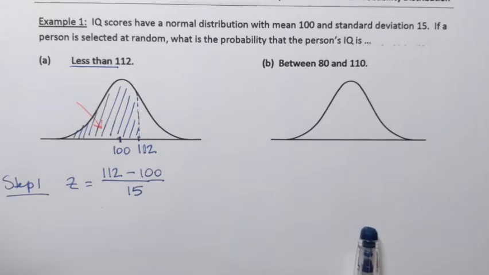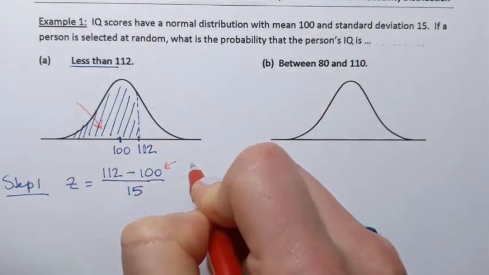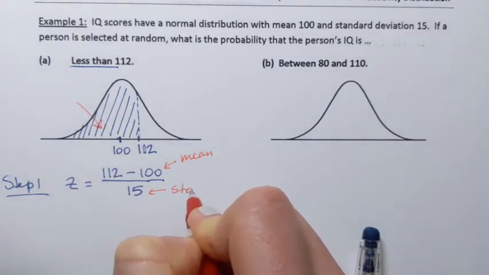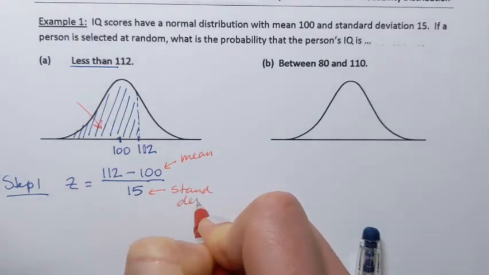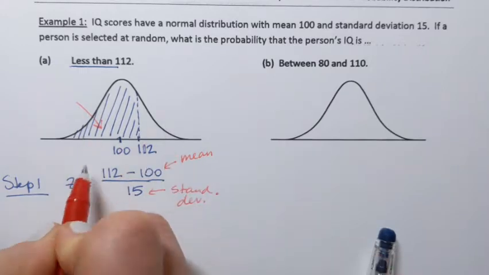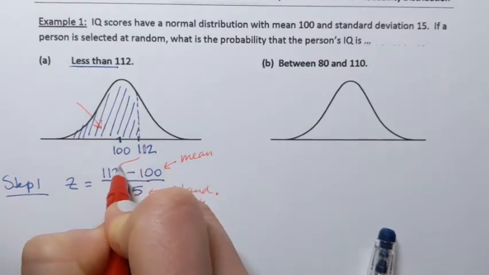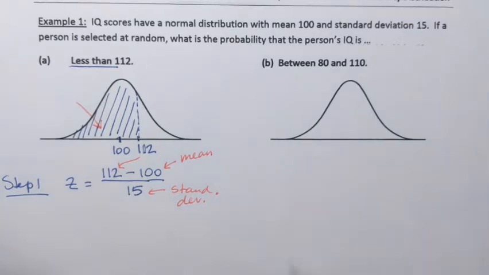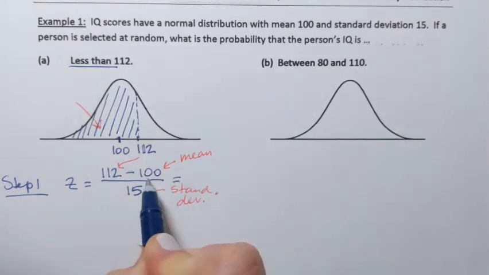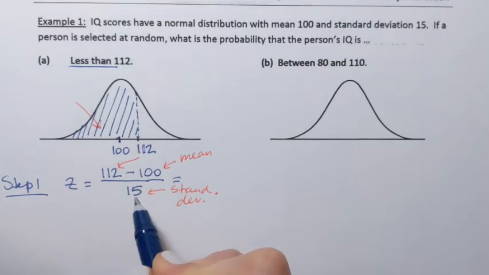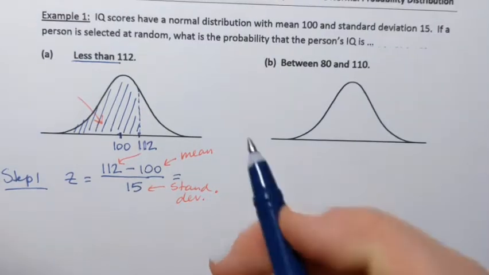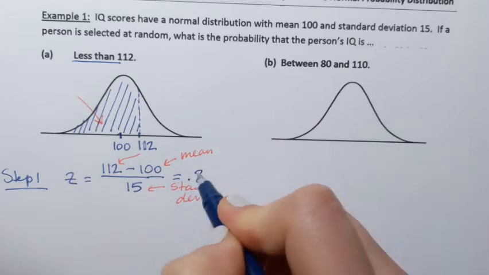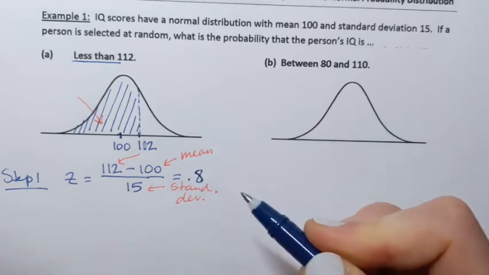So I'm going to make notes here. 100 is the mean. 15 is the standard deviation. And 112 is the given value. Okay, I'm going to calculate that. Be careful to first calculate the numerator and then divide by the denominator. So I got 0.8. I didn't have to round. That's exactly what I got, 0.8.